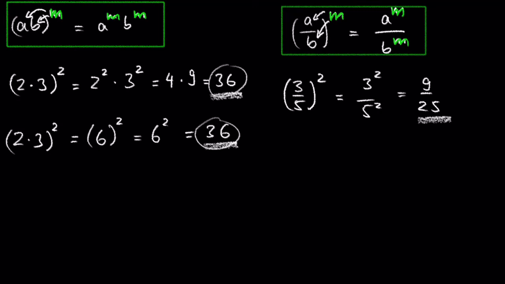Let's check if we would get the same if we do not use the power of quotient law. Three over 5 times 3 over 5 we can write as 3 times 3 over 5 times 5, which is 9 over 25.